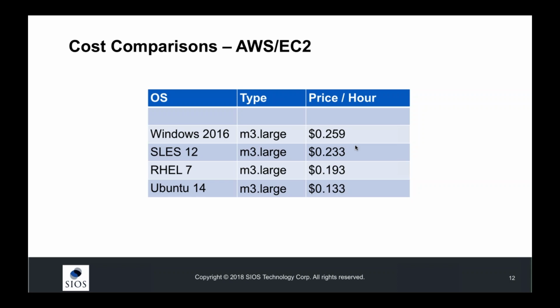That is a huge difference when it comes to price per hour times day, times week, times month, times year, right? So it's a significant thing, and I think this is going to really drive the consideration and probably drive the usage of at least some level of SQL on Linux, right? Especially if SQL has to be the database that's out there.